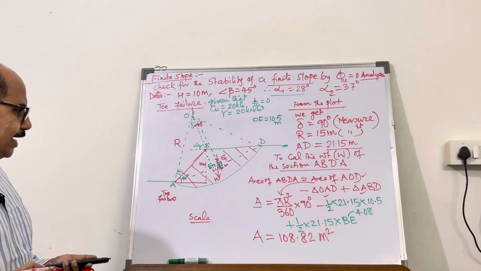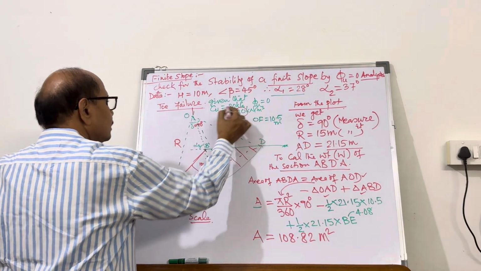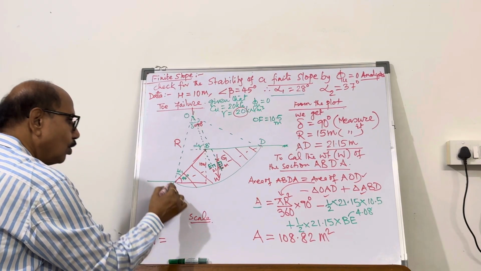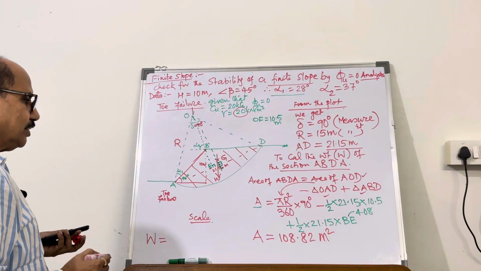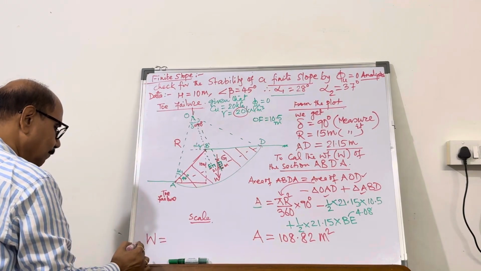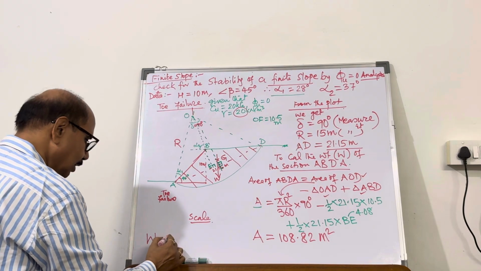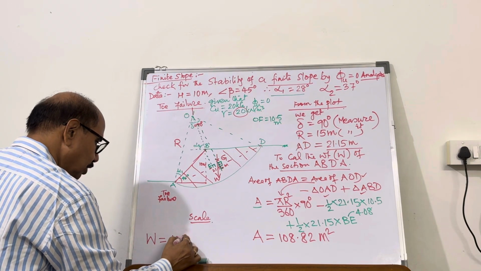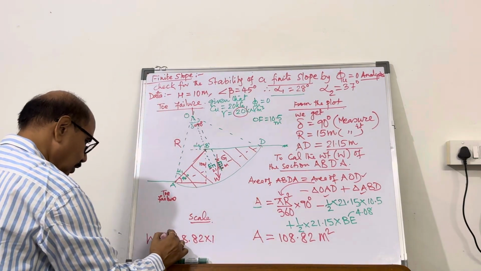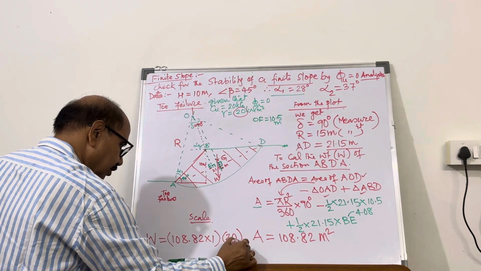Now having got the area and having got the value of gamma, we can find out the weight. So weight W, which is required of ABDA section, will be 108.82 multiplied by 1 perpendicular to the board. This becomes the volume multiplied by 20 kilonewton per meter cubed.